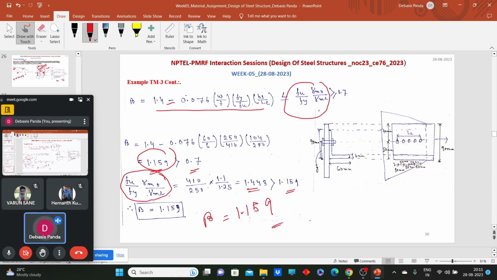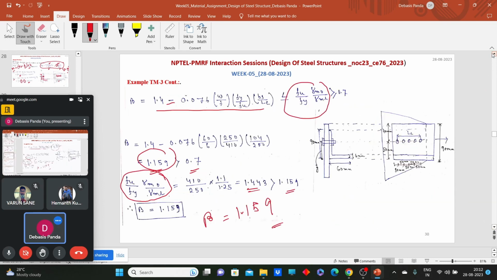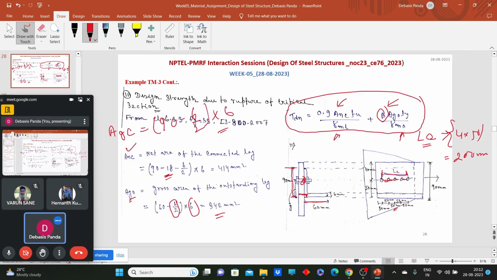Now we can calculate the design strength due to rupture of critical section. So just put all these values in this equation here. 0.9, ANC value we have 414 mm square. AGO value we know 342.